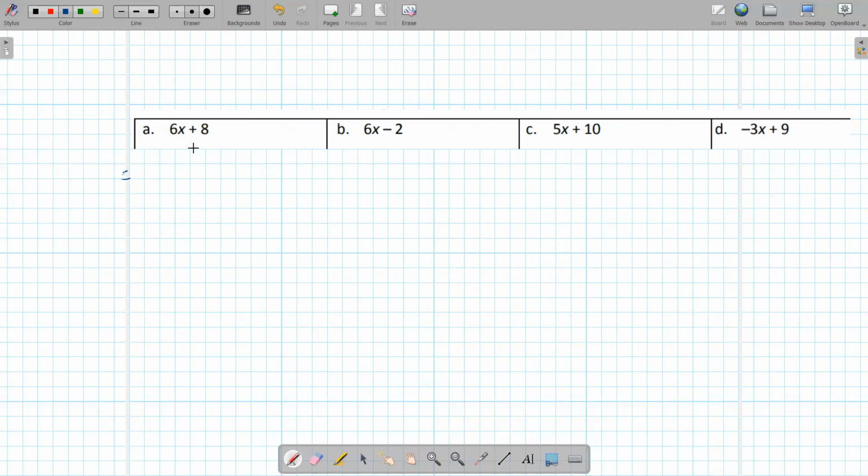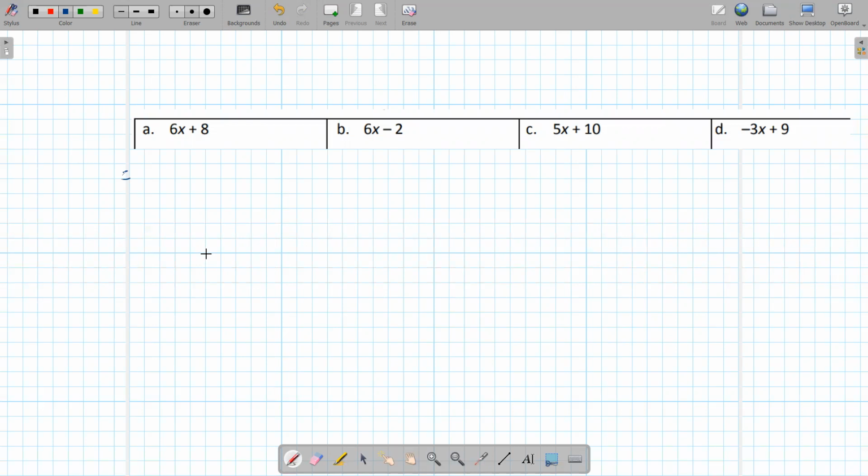What's the greatest common factor between 6x and 8?